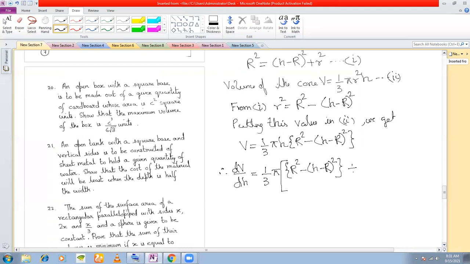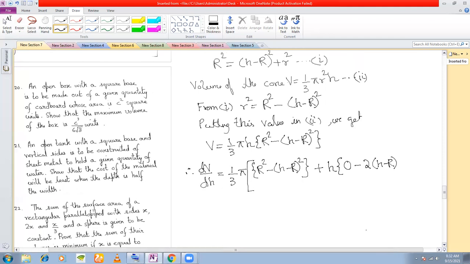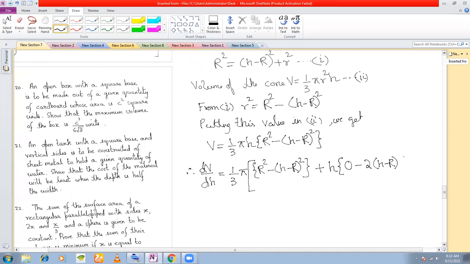Next you have plus. Now you keep h as it is and you differentiate R square minus h minus R whole square. So what will you get? d/dh of R square is 0 minus d/dh of h minus R whole square, which is twice h minus R into d/dh of h minus R, which is minus 1, right? Differentiation is okay?